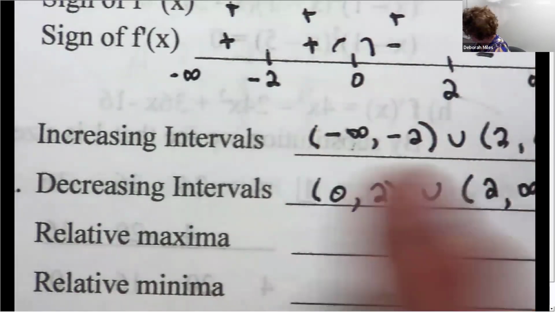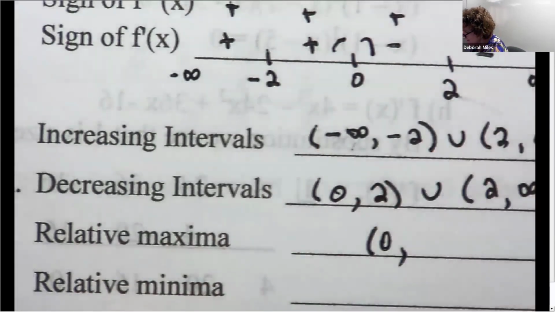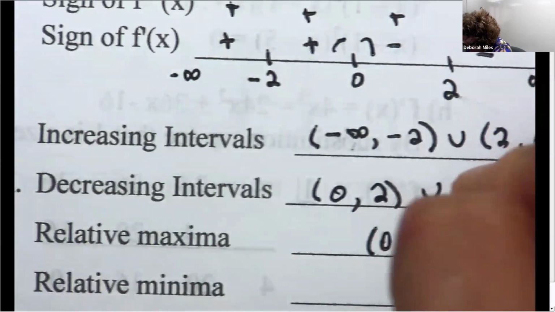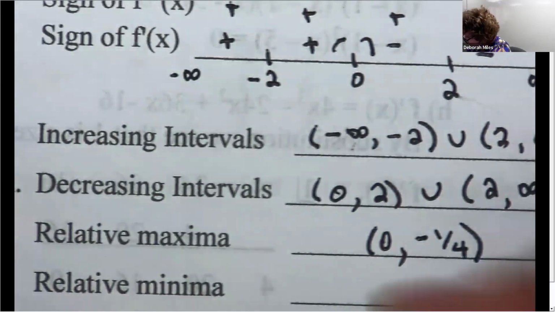There's a relative max at 0, and whatever you get when you plug 0 into the function. Well, we already found that's the y-intercept, -1/4. And what about relative minima? There are none.